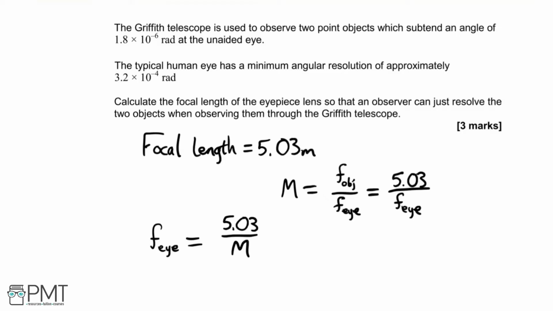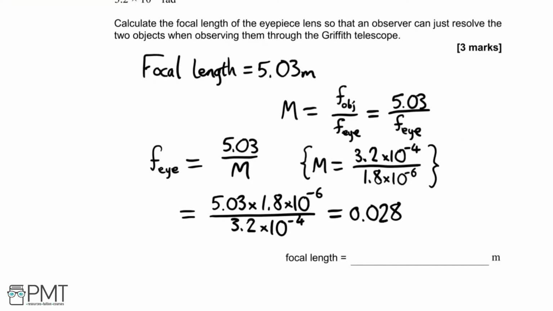Now we need to find a value for m, and that can be calculated by dividing the minimum angular resolution of the human eye by the angular separation of the 2-point objects. So combining all of this information together, we end up with 0.028 meters, which we can write into the answer space.